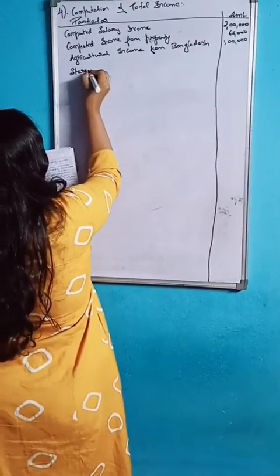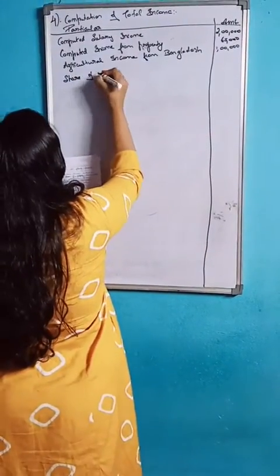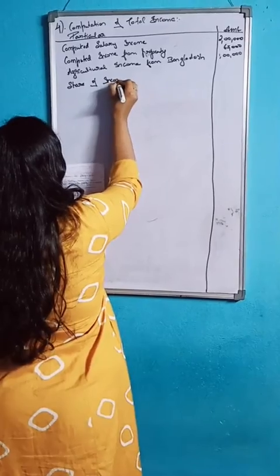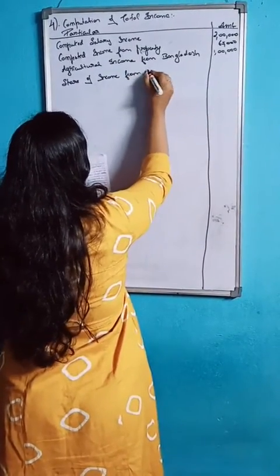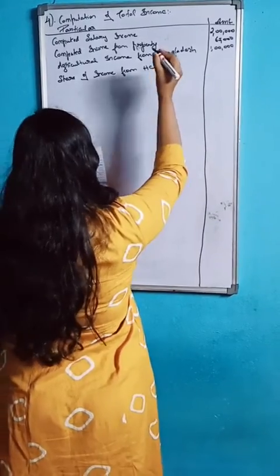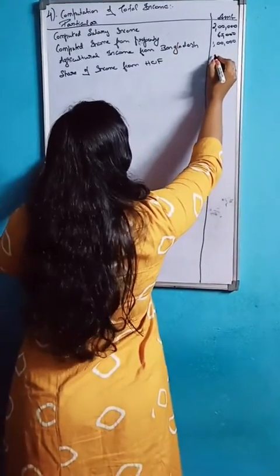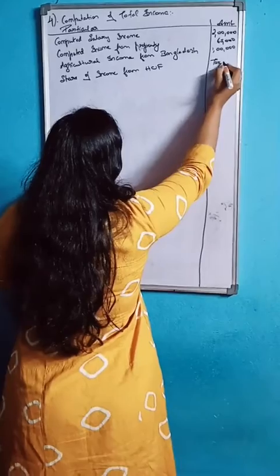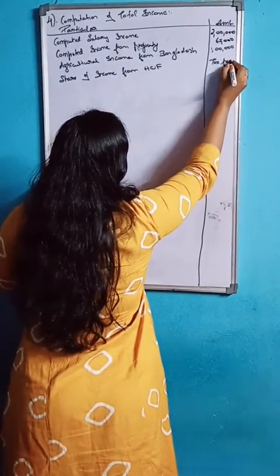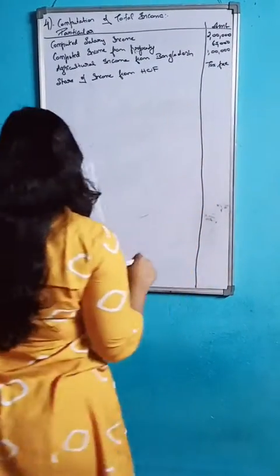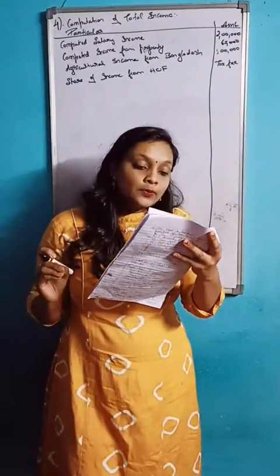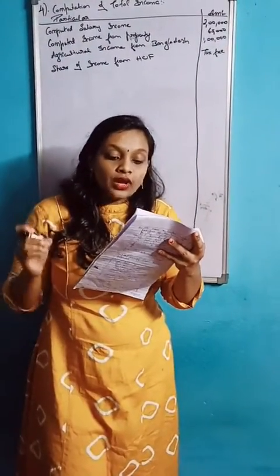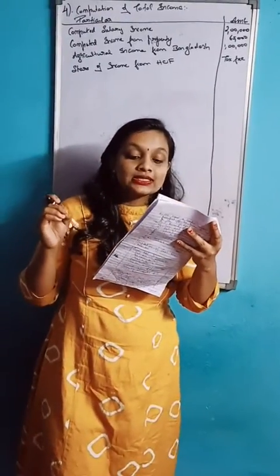Share of income from HUF. You should write here tax free. Next one is computed income from STCG.